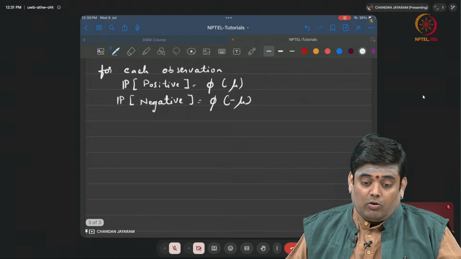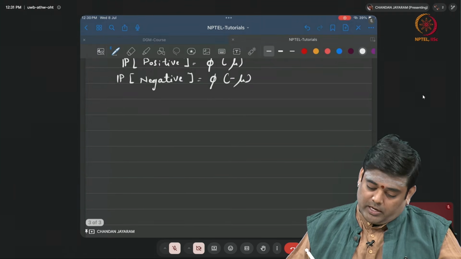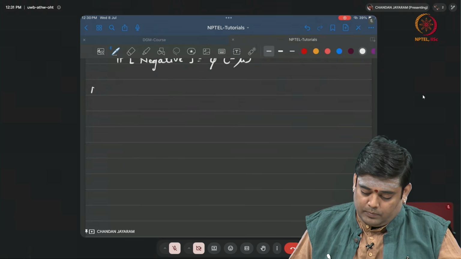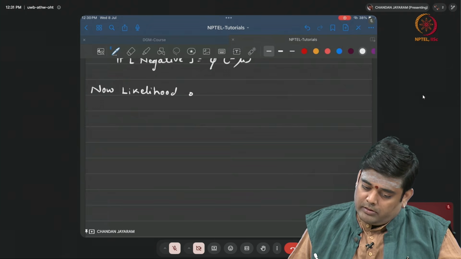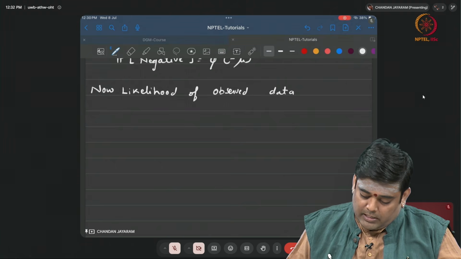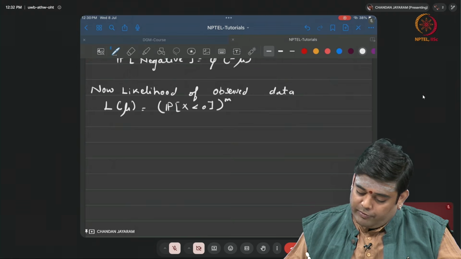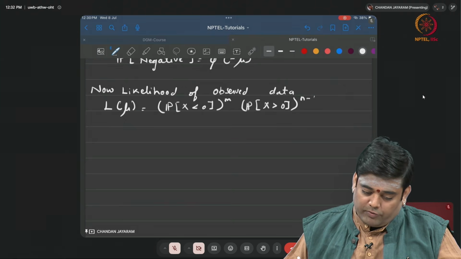With this, how can we find the likelihood of the observed data? The likelihood of the observed data, which I represent with L of mu, is the probability that x takes a value less than 0, with m of them, and the probability that x takes a value greater than 0, with n minus m of them.